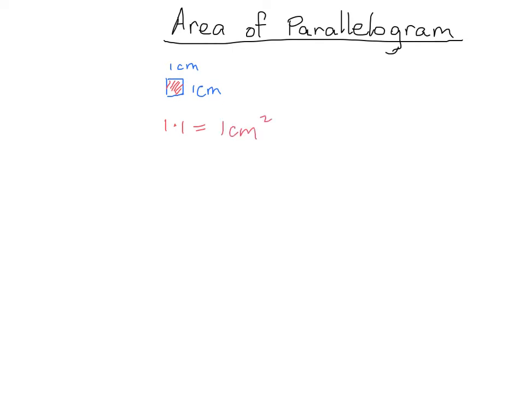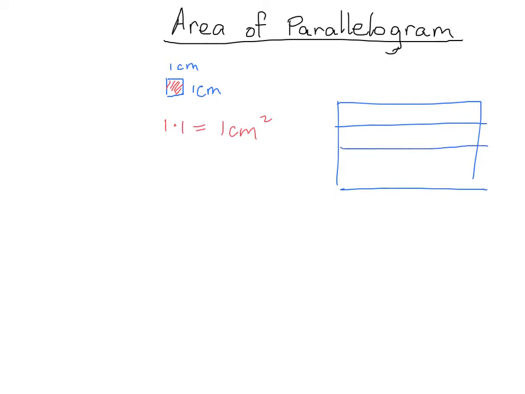Now if we had a bigger figure, let's say a rectangle, a rectangle is made up of multiple of those squares. That was supposed to be a square, but just imagine with me that it is for a moment. If we have multiple squares that are each 1 centimeter squares, then in order to figure out the area, and this is going way back to maybe kindergarten days, we would count the squares going across. 1, 2, 3, 4, 5 squares going across.